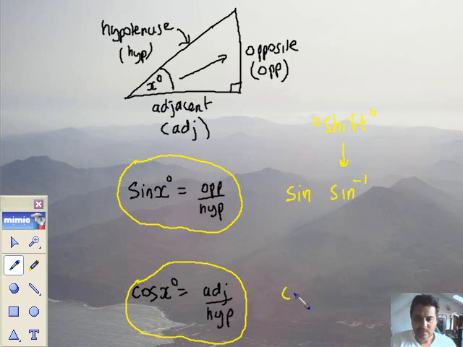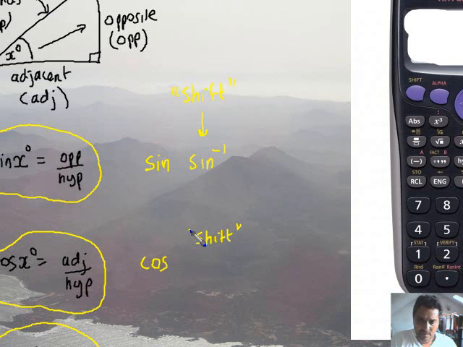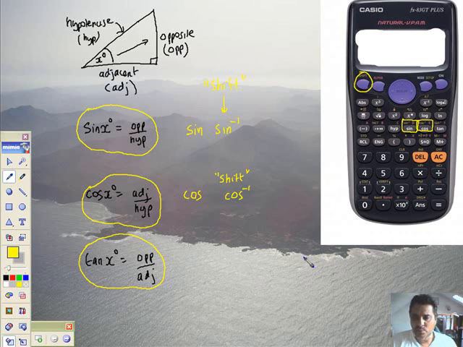In the same way, you press the cosine button for the cosine of the angle. In order to access the function above the cosine, which is cos minus 1, you need to press shift, and the shift button is usually up here somewhere on most calculators, and then cosine, and that will give you the minus 1 of it.